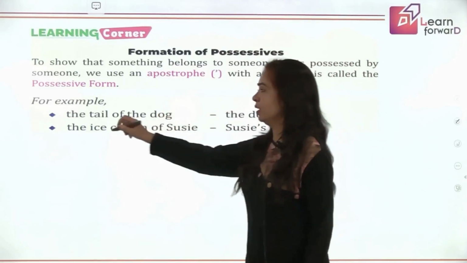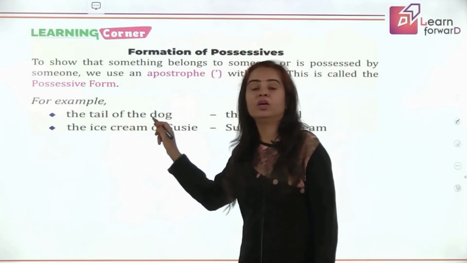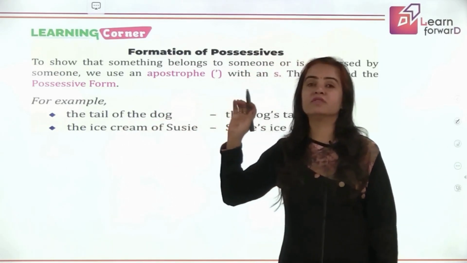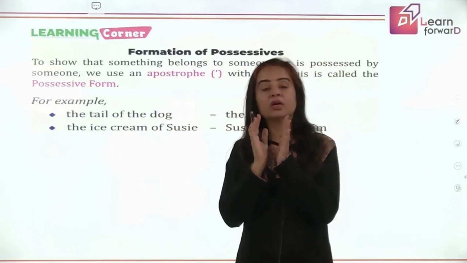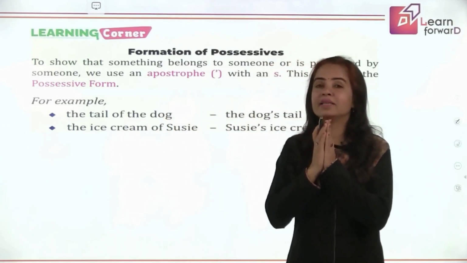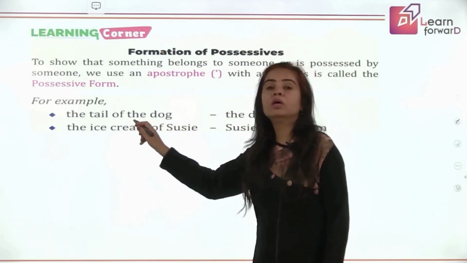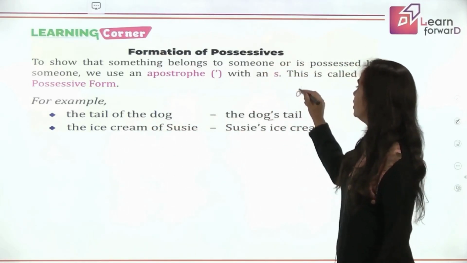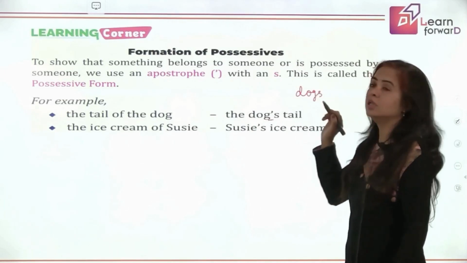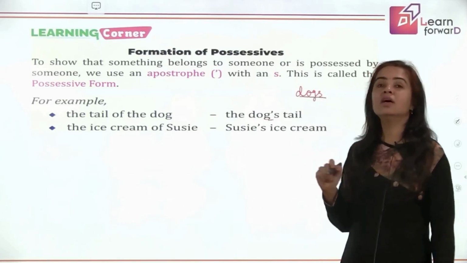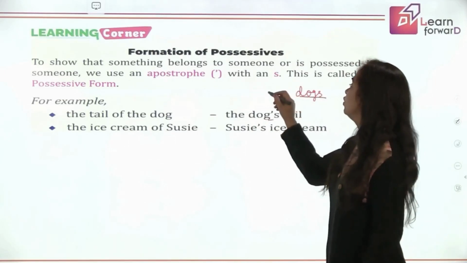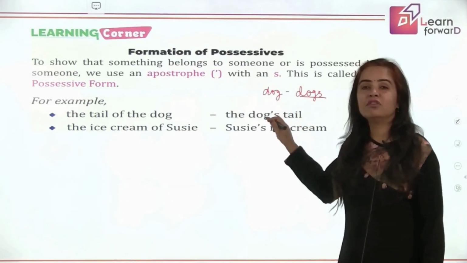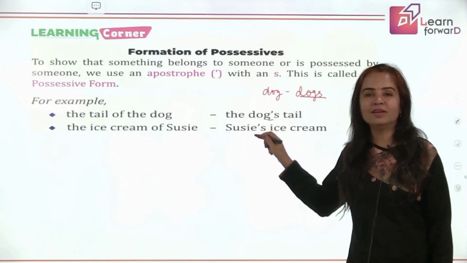For example, if I want to say the tail of the dog, using the possessive I'll make this short, compact and beautiful by saying the dog's tail. Can you see? I have not written D-O-G-S in continuation because that is the plural form of your singular noun dog, right? This is different.